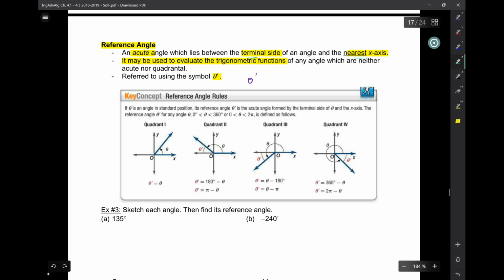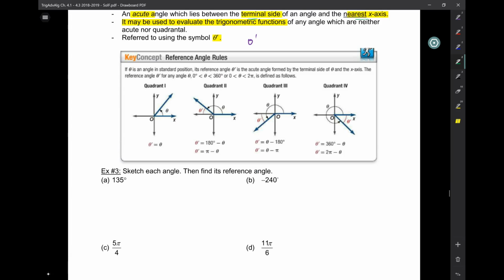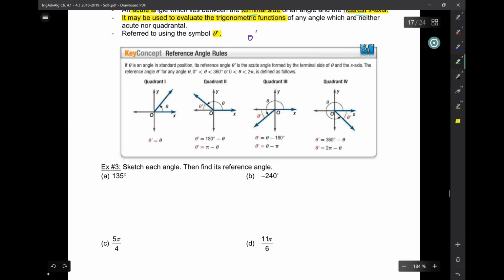We know that any angle can lie in one of the 4 quadrants, right? So suppose you have an angle in the first quadrant, for example, an angle that's 70 degrees here. The reference angle is between the terminal side and the nearest x-axis.